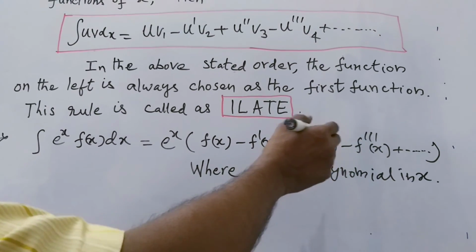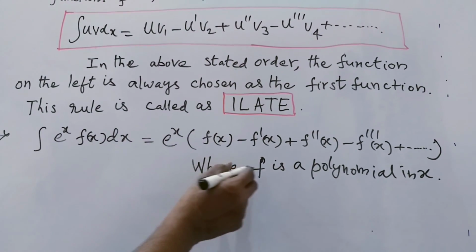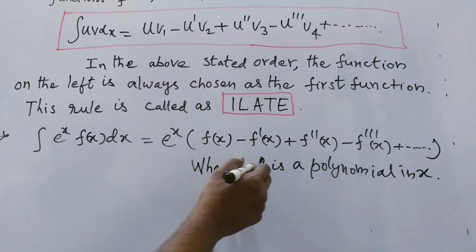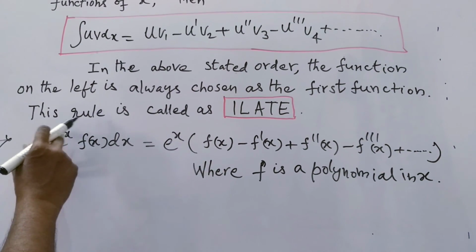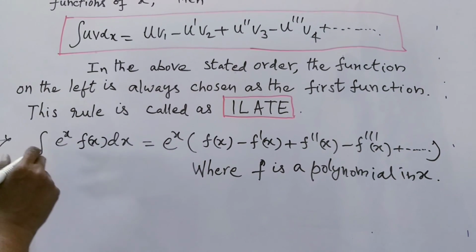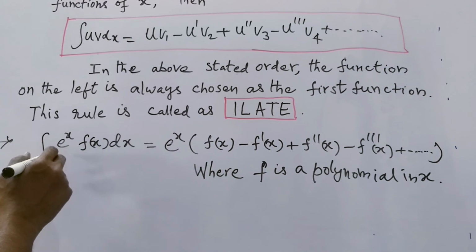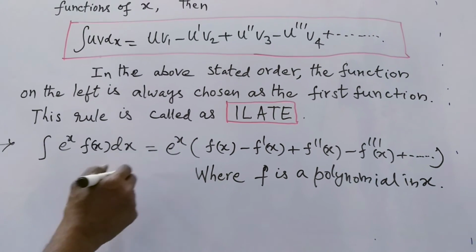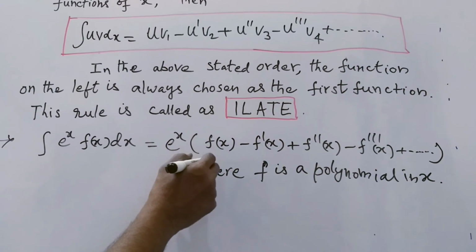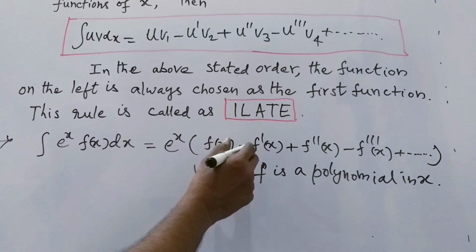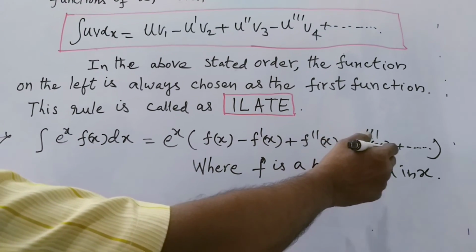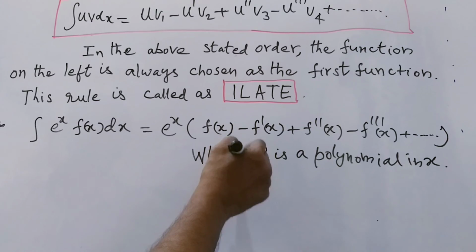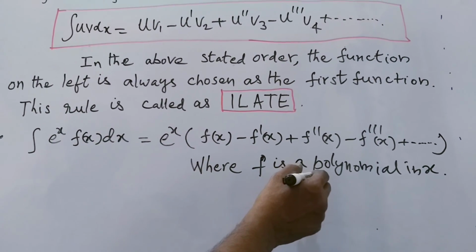In this, f is the polynomial in x and e to the power of x is the exponential function. So the integral of e to the power of x f of x dx is equal to e power x of f of x minus f dash of x plus f double dash of x minus f triple dash of x plus and so on, where f is a polynomial in x.